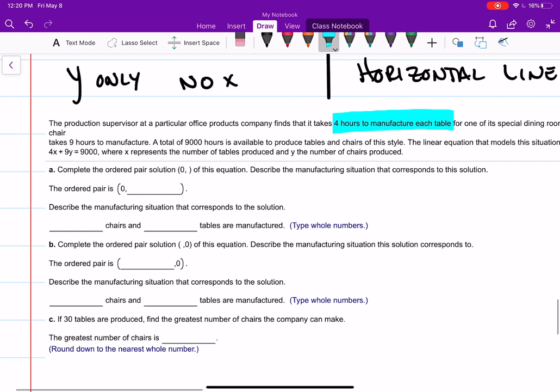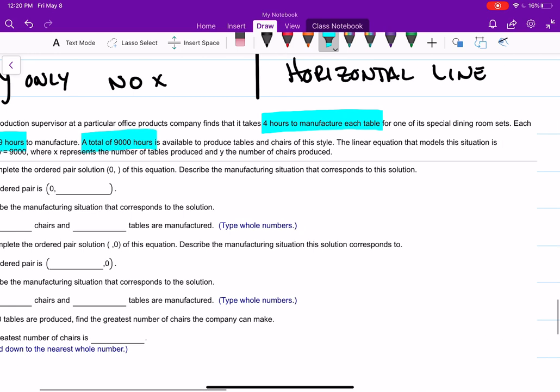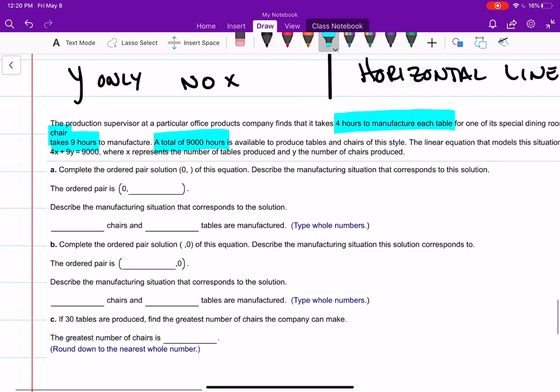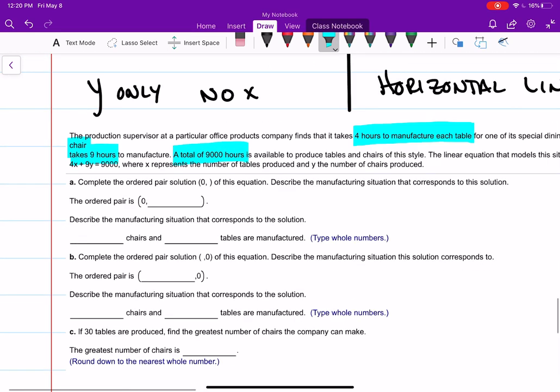Each chair takes 9 hours to manufacture. A total of 9,000 hours is available to produce tables and chairs. The linear equation that models this situation is 4x plus 9y equals 9,000, where x represents the number of tables.